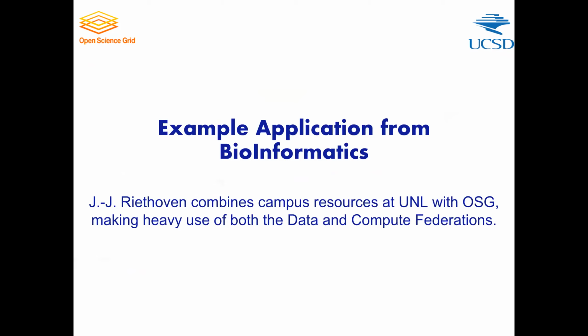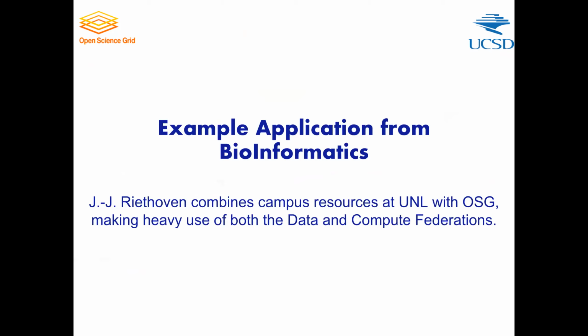I wanted to give you one example application of a single researcher, and I picked this particular one because it shows a pattern that is a very useful and powerful and common pattern across OSG. And that is that the guy here, J.J. Riethoven, Jean-Jacques, if I remember correctly, combines campus resources at his home institution with OSG resources and makes heavy use of both data and compute federations that I will be talking about afterwards.